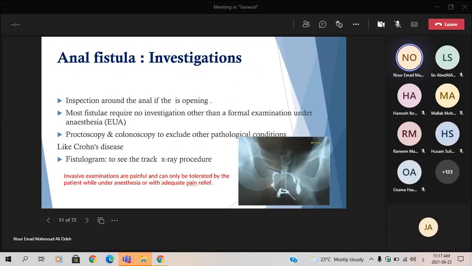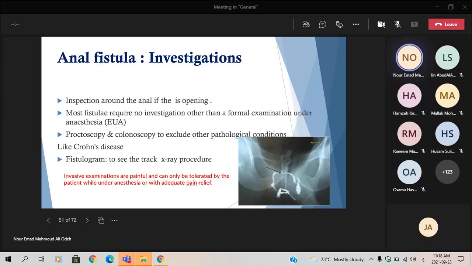What are the investigations needed? First, physical examination, inspection for any opening in the anal area, and most fistulas require no investigation other than a formal examination under anesthesia.